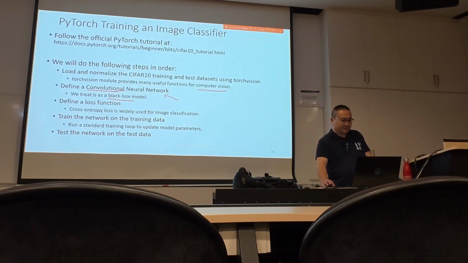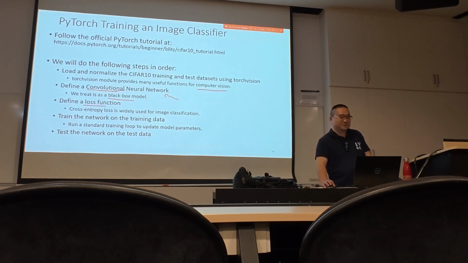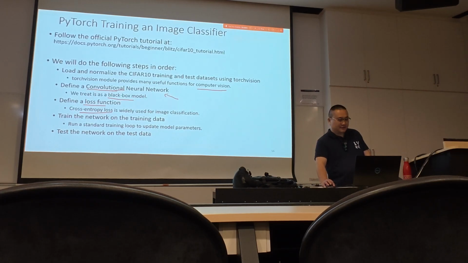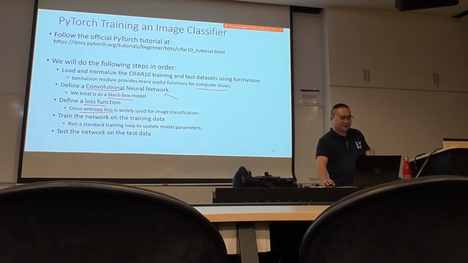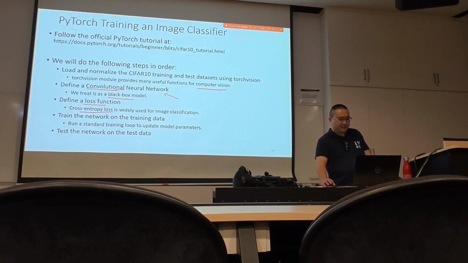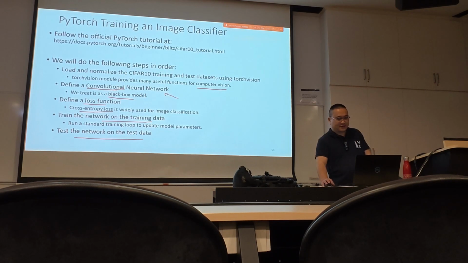That's the black box model. And then we define the loss function. For image classification, a typical one is cross-entropy loss. This loss is also implemented in PyTorch, so you can directly use the API to define it. Then you use a loop to train your neural network. And finally, we test the network on the testing dataset.